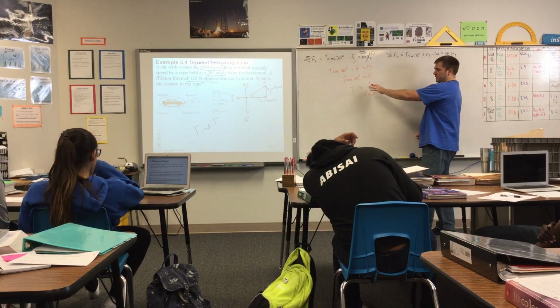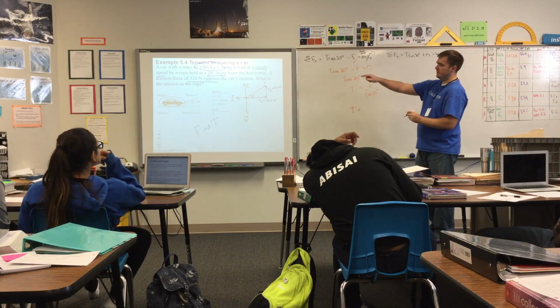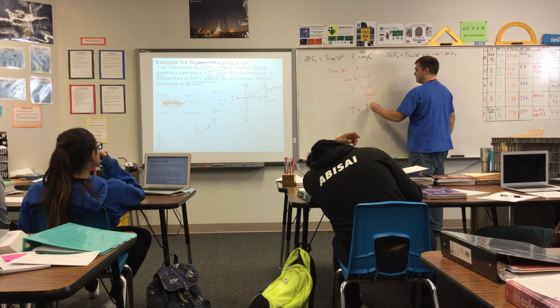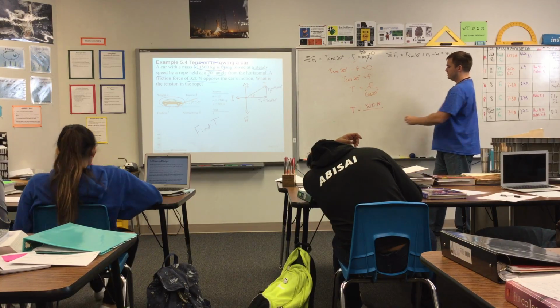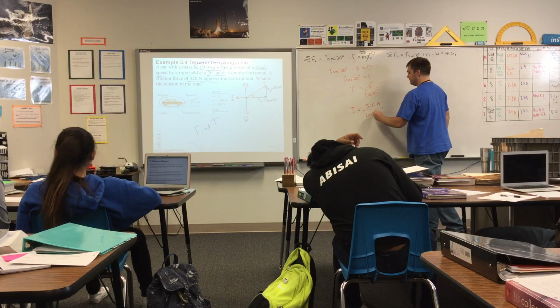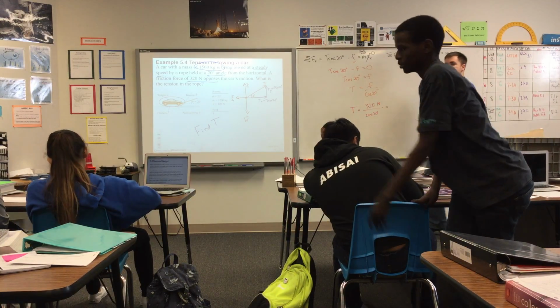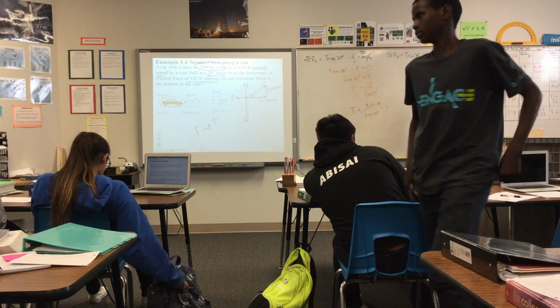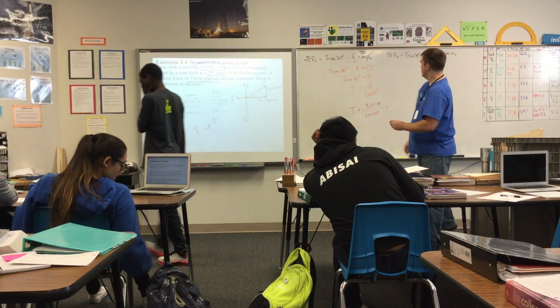I've got everything solved for T, so I can just substitute in. Friction force value is 320 newtons. Cosine of 20 is just cosine 20. Make sure your calculator is in degree mode. 340.5. Say it again. I got 340.5 back there. That's right. 340.5.